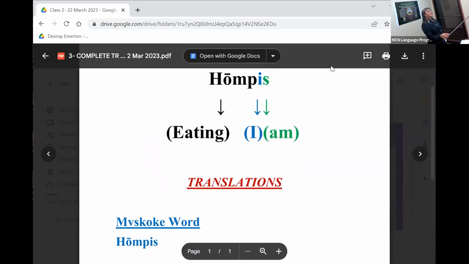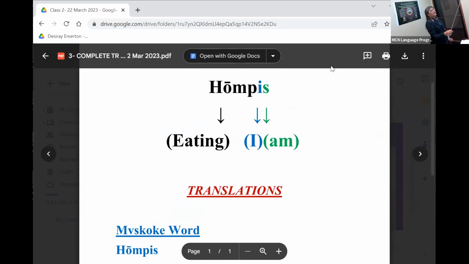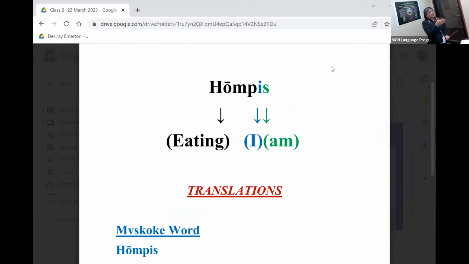But here is the breakdown on translation. And this is what I found exciting, that you know what each little part of this means. You see that the black part, which is the verb stem, means eating. You add your person marker, I, and then you have your declarative ending.